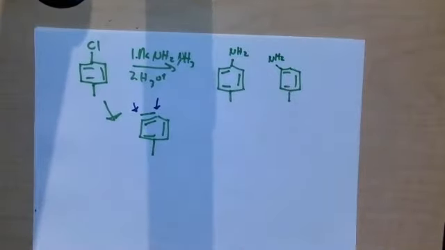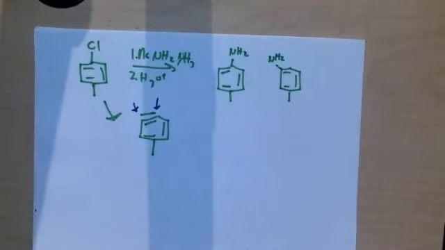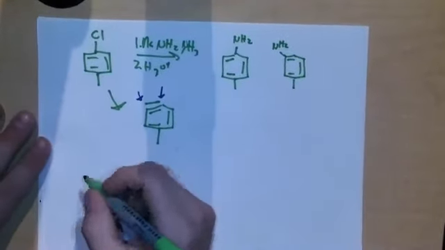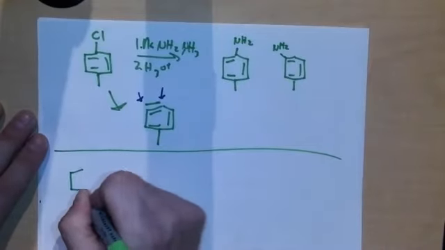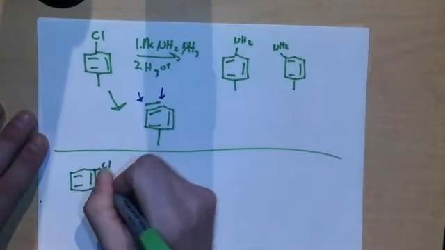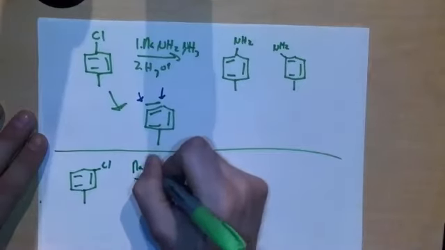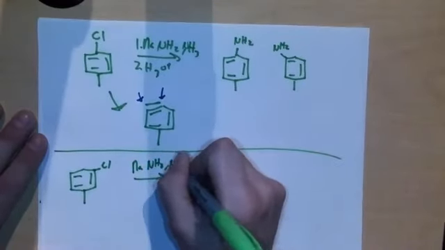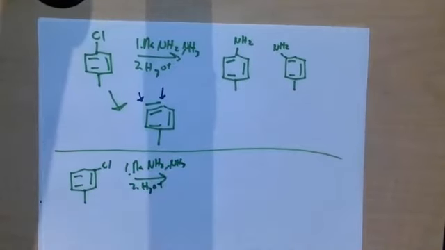Which is why these reactions are a little bit of a pain, because you can end up with two different products. You can actually end up with three different products if you put it in the meta position. But this is actually going to give you one major product from it.